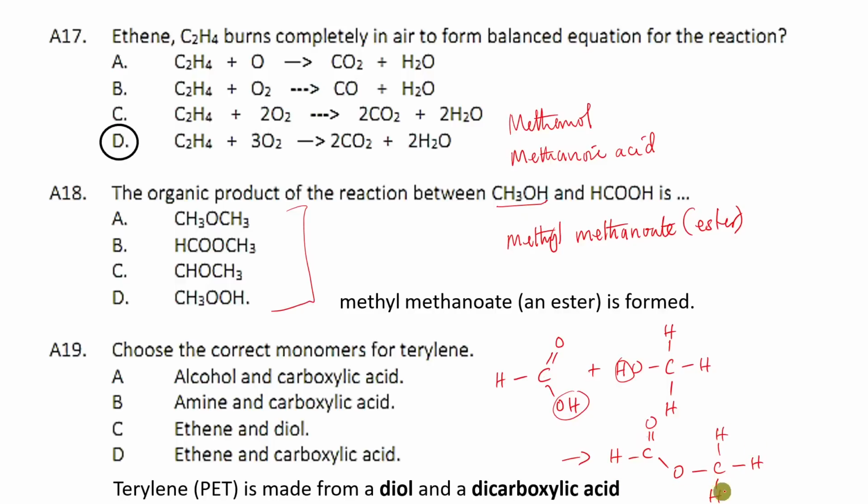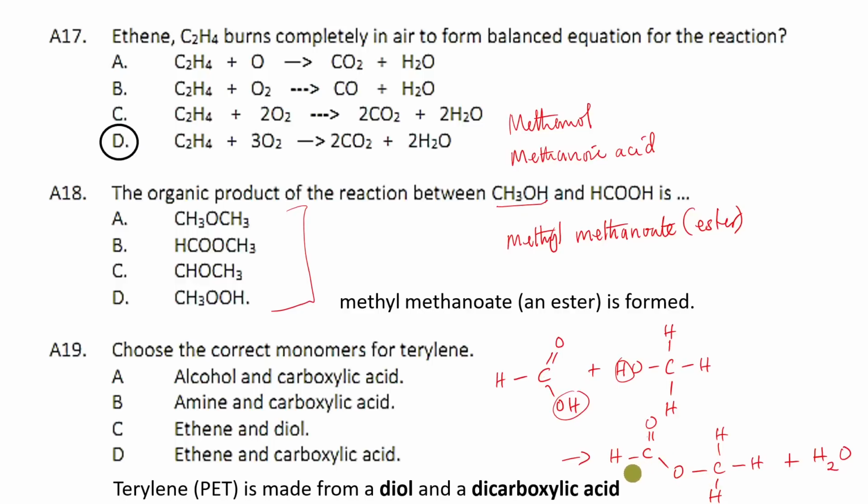So this one will be now the ester, plus this OH and H, they form water. Okay. So now this will be the acid, the ester they form. This is now what we call methyl methanoate.